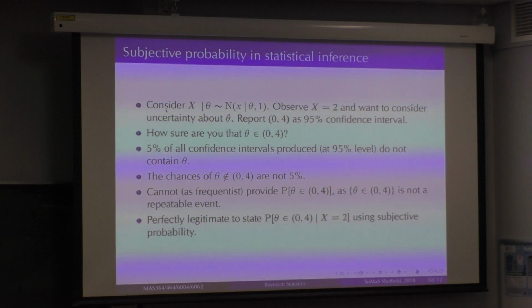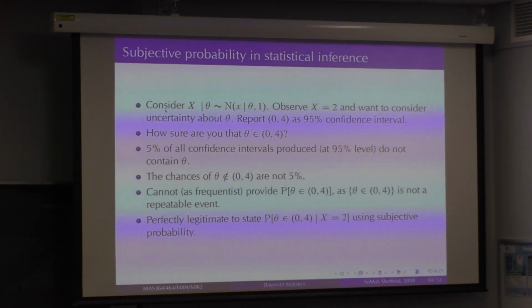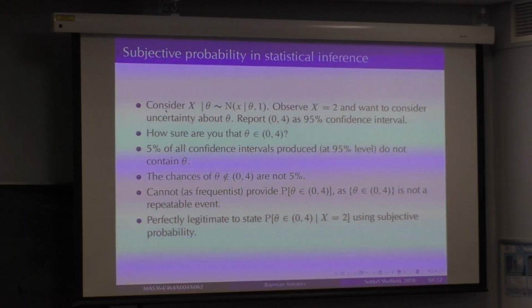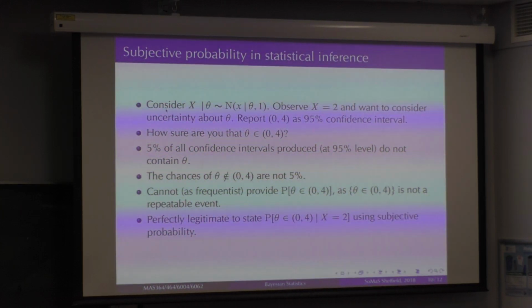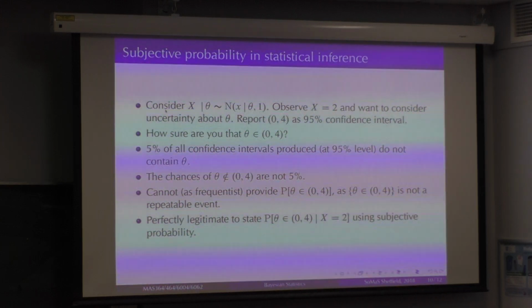Now you're able to say that you have probabilities of theta being in 0, 1, or the hypothesis being true, and so on. Things that you cannot do in frequentist statistics, where you have to go around saying that if you repeat the experiment a long number of times, then this will happen. So those interpretations go away, and you can make probabilistic statements about unknown quantities.